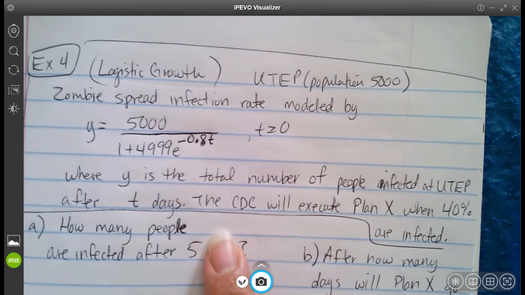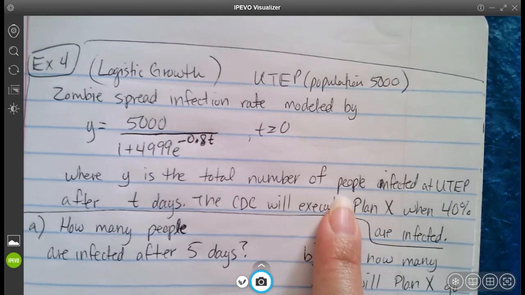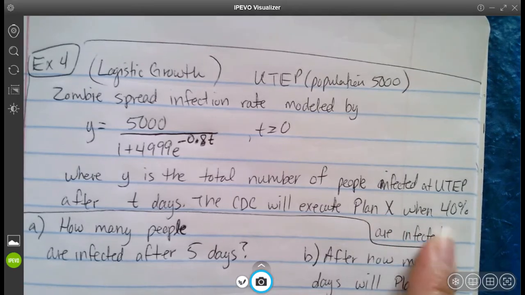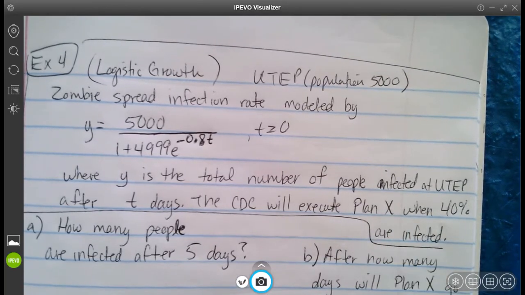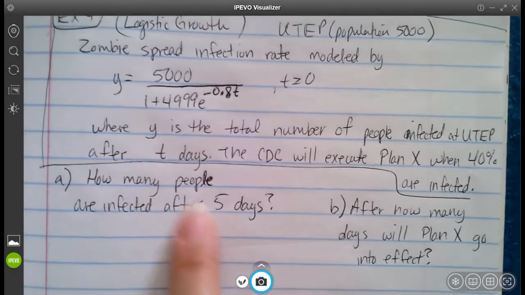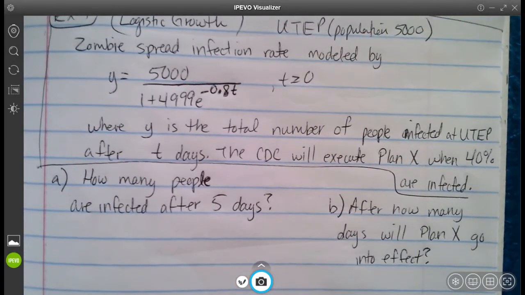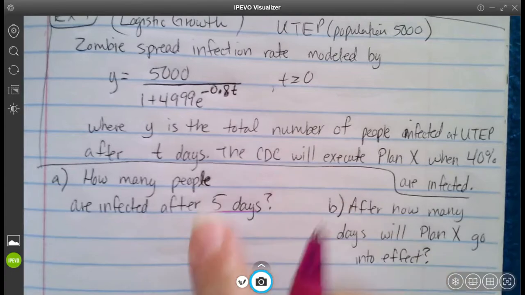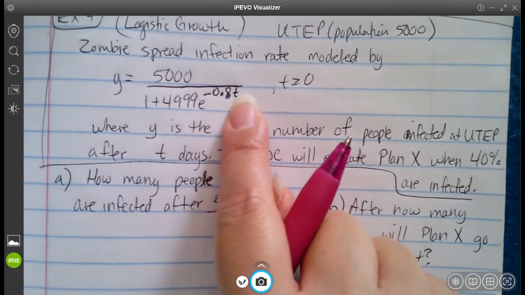The CDC is going to execute Plan X when 40% of the population is infected. So, first question: how many people are infected after 5 days? All we have to do is take this 5 and plug it into the time.